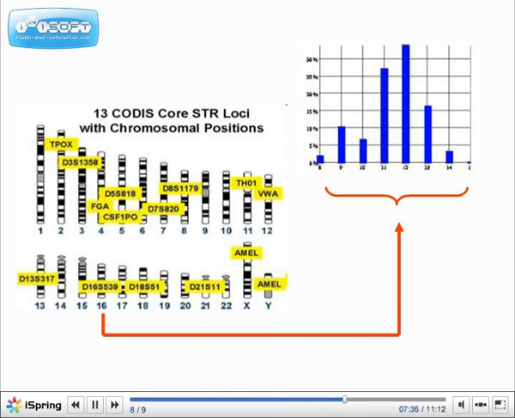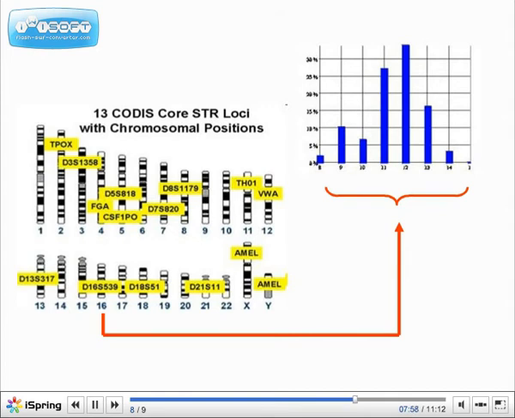Therefore, the genotype frequency for a homozygous Caucasian carrying two copies of allele 13 at the D16S539 locus is obtained by multiplying the allele frequency 0.16 times 0.16, or 0.0256, or about 2.5%.